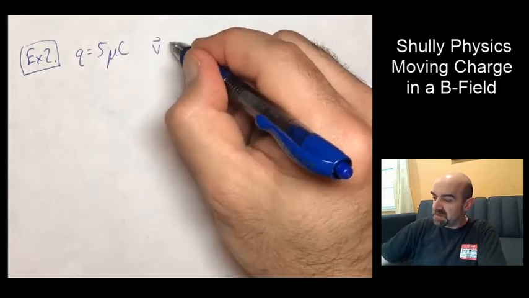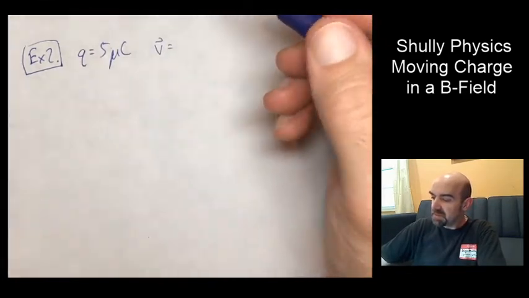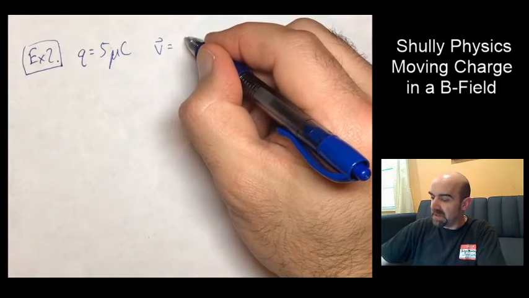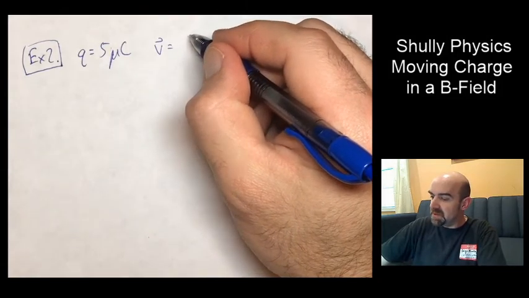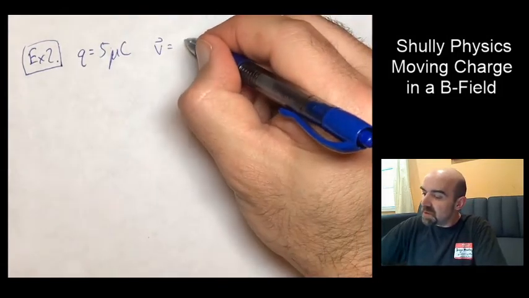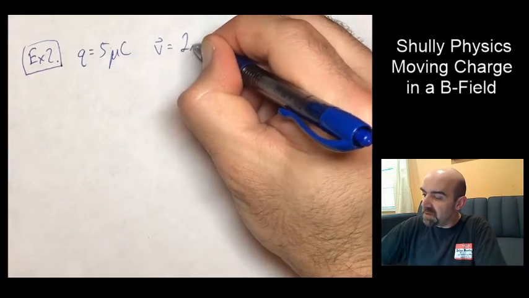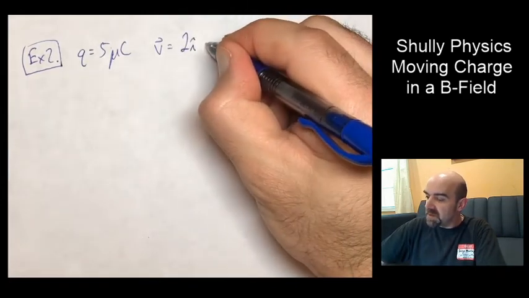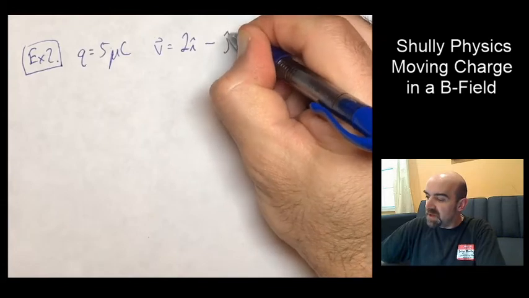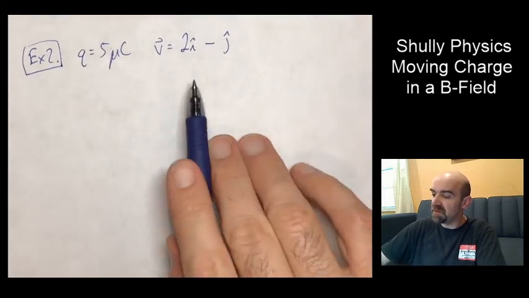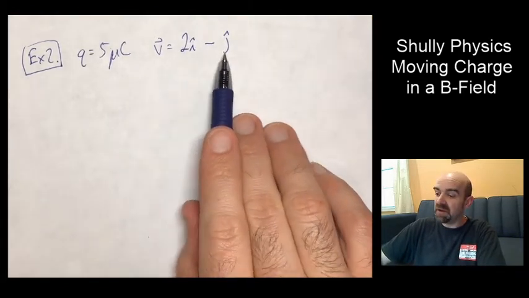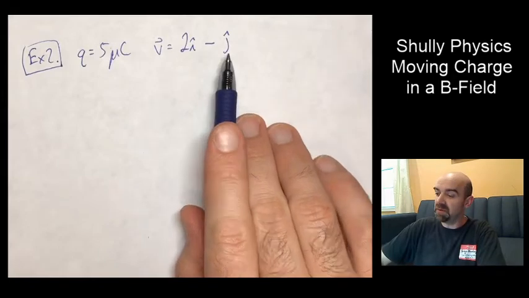And let's take a velocity vector. We'll have it in the ij direction. I'm just making one up in my head here. 2i hat minus j hat. Okay, so it's got some x component and some negative y component to it.